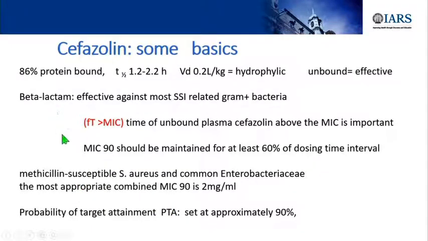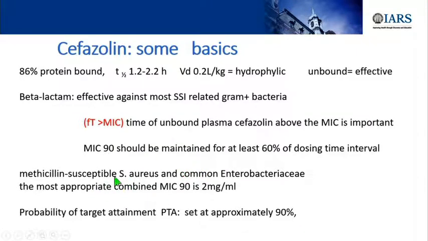And also, don't forget, it is a beta-lactam antibiotic, so that means the time of the unbound plasma concentration above the minimal inhibitory concentration is very important. And the minimal inhibitory concentration should be maintained for at least 60% of the dosing time interval.